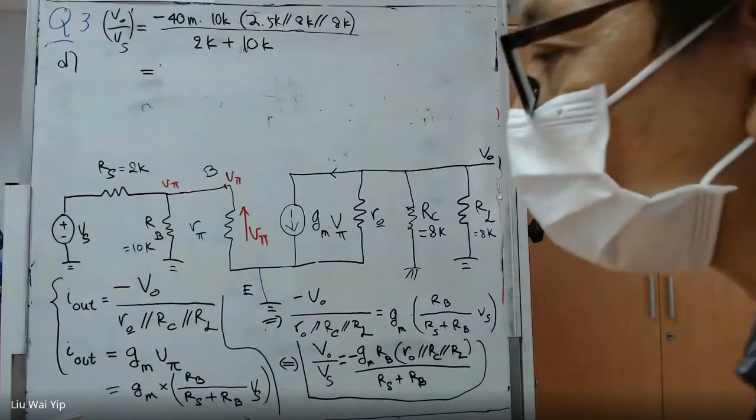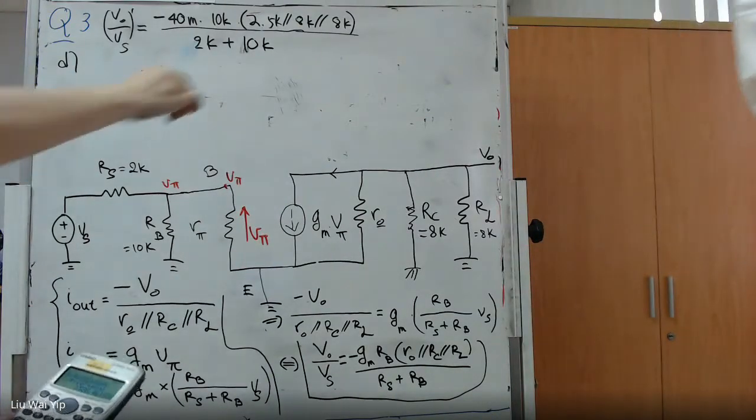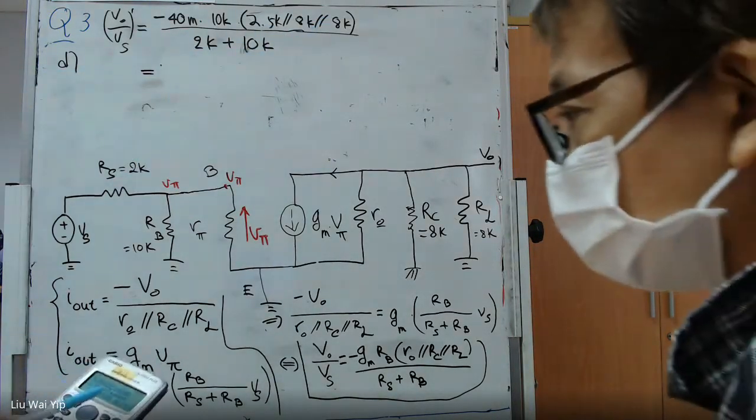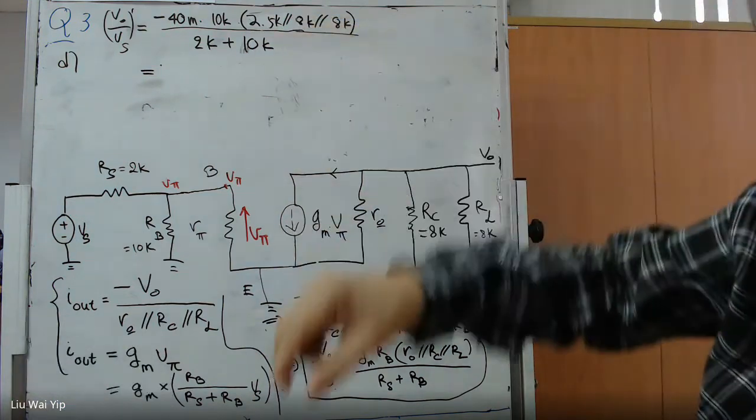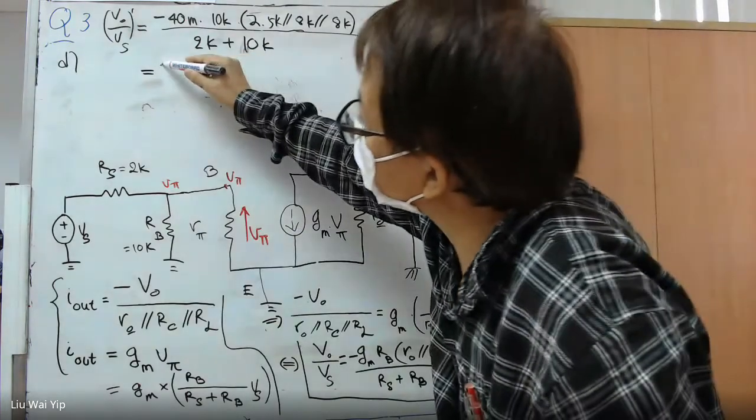Five, three, eight. Five, three, six. So the calculation is 1538. No, no, the whole expression. The whole expression should be 51.